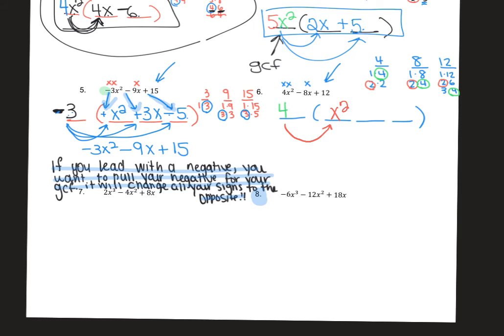X squared. 4 times what will get me negative 8x? Minus 2x. And 4 times what will get me positive 12? Positive 3.